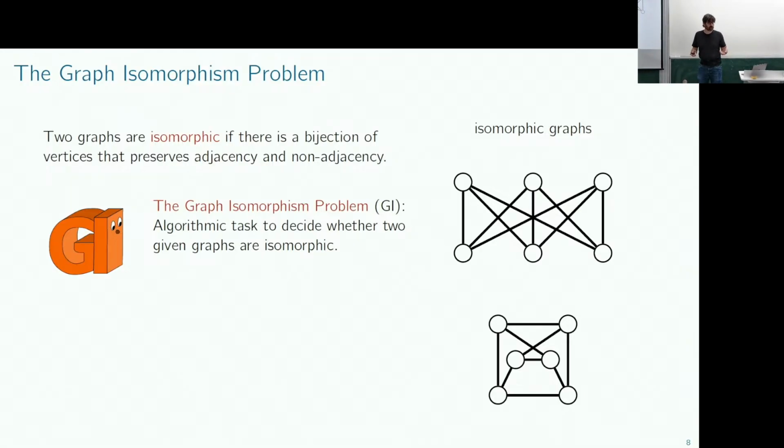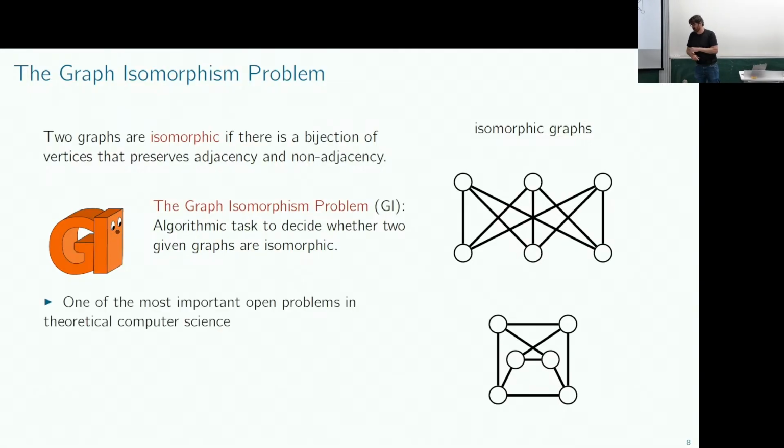And this graph isomorphism problem now is an algorithmic problem. Given two graphs, the question is, are they isomorphic or not? So you put them into a computer and you have some algorithm and it should say yes or no. It's a decision problem. And it turns out to be one of the larger, important open problems in theoretical computer science. It's still open, it's very well known, and it is a core topic of a research project we've been doing in my research group, and I will present many of the research findings we've made over the years in the context of this problem.